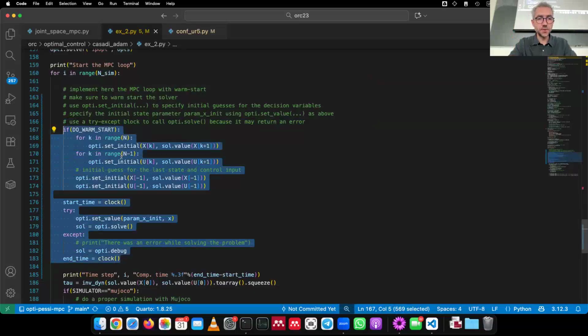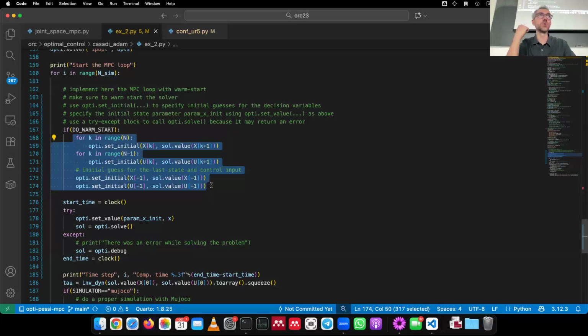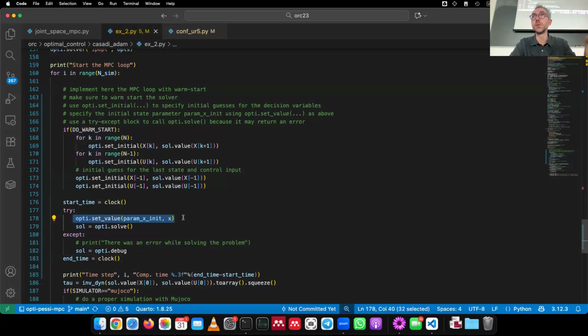So we have, first of all, the warm start, where we take the last solution computed at the previous iteration of the loop. And then we set the current state of the system as the initial state of the optimal control problem. We call the solve method.